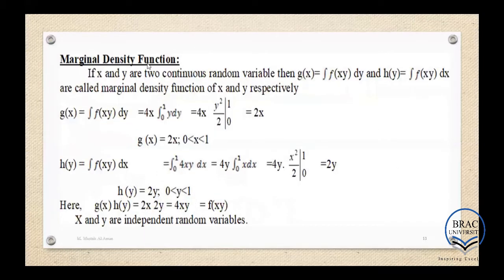Now what about the marginal probability density function? Similarly, if x and y are two continuous random variables, then g of x, the integration of the joint probability density function f of x, y dy over y, is called the marginal density function of x, and similarly h of y equals the integration of f of x, y dx is called the marginal density function of y.